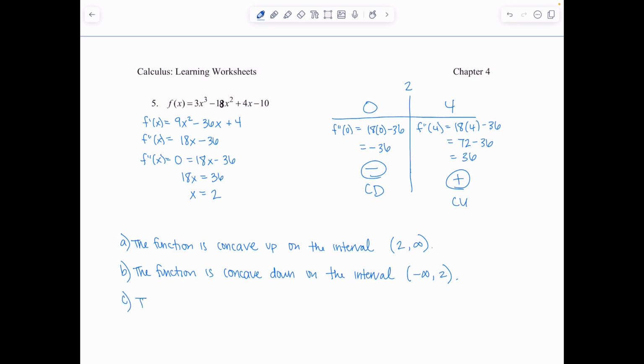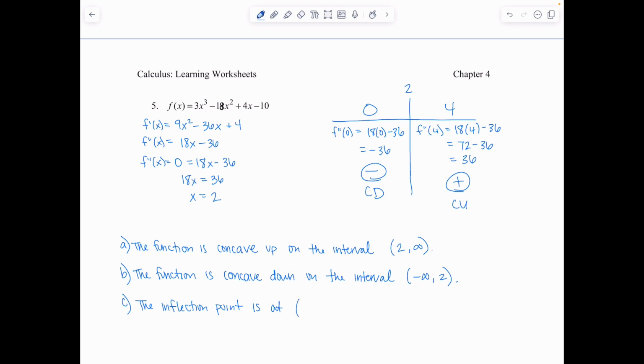And the inflection point is at 2. Let's see, f of 2: 3 times 2 cubed minus 18 times 2 squared plus 4 times 2 minus 10. 8, 24 is negative 50. So our inflection point is at (2, negative 50).